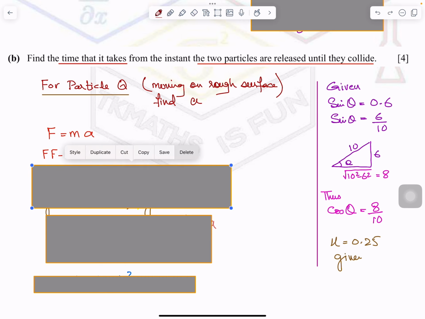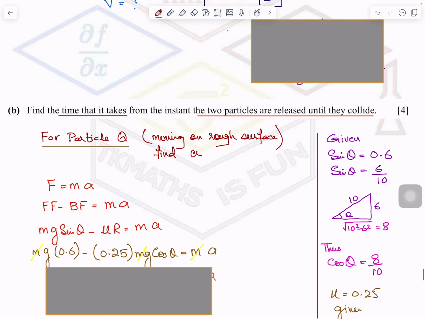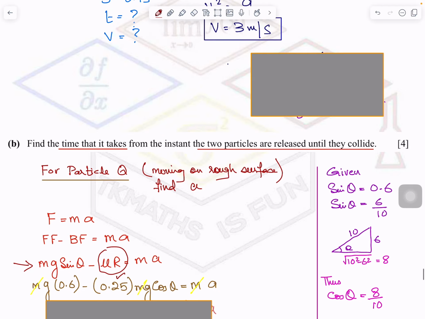So for particle Q, I'm doing F equals ma, again Newton's second law of motion, forward force minus backward force. Because particle Q is on the rough surface, it will experience maximum friction also, and this is the forward force due to mass. So 0.25 mu is given to you, and how do you get R?